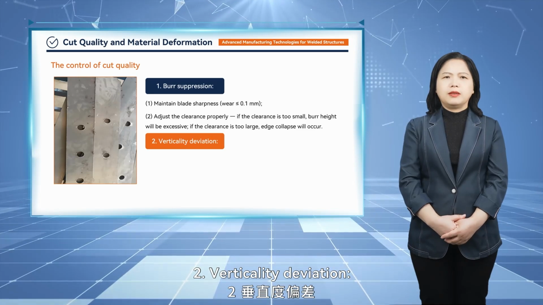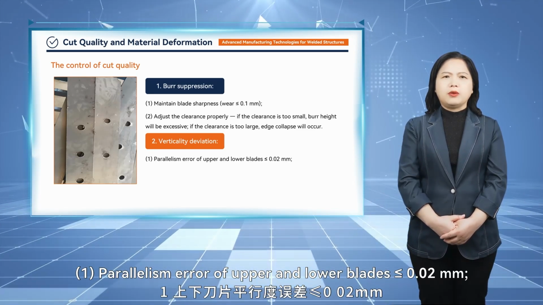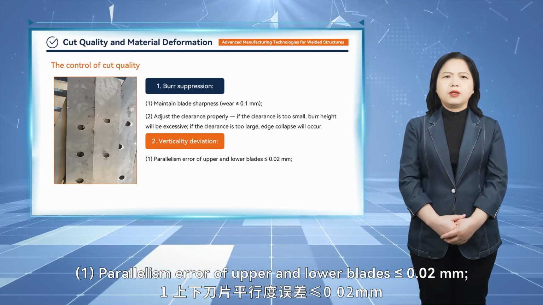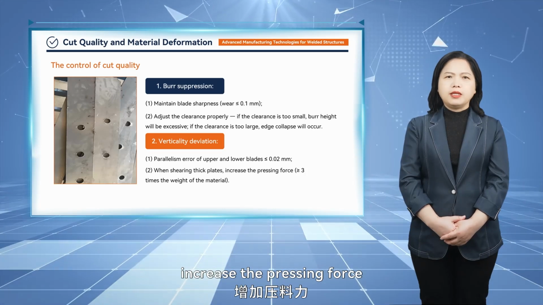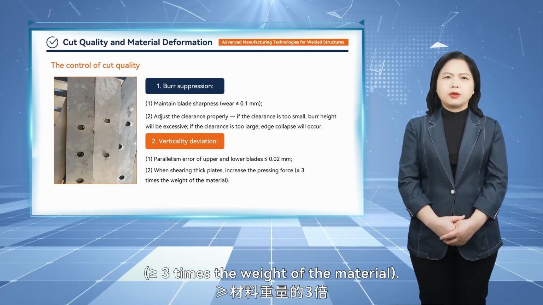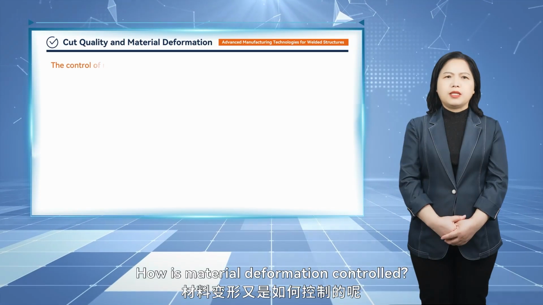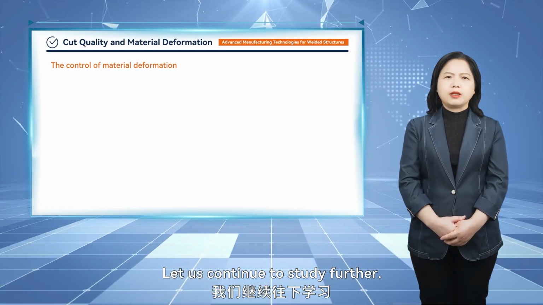Verticality deviation. 1. Parallelism error of upper and lower blades less than or equal to 0.02 mm. 2. When shearing thick plates, increase the pressing force, greater than or equal to 3 times the weight of the material. How is material deformation controlled? Let us continue to study further.